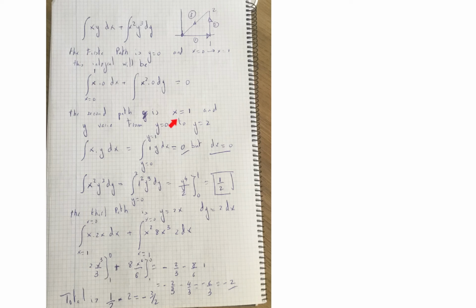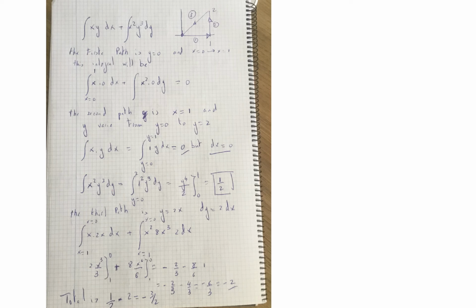The second path goes from x equal 1. X doesn't vary. If x doesn't vary, x equals 1, dx is 0. So the first part of the line integral is 0. And the second part is from x equal 1, so I plug in x equals 1, and I do the integral of y cubed dy.